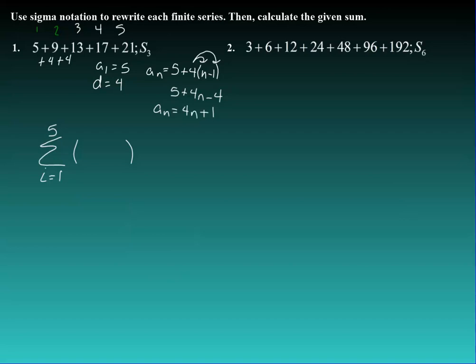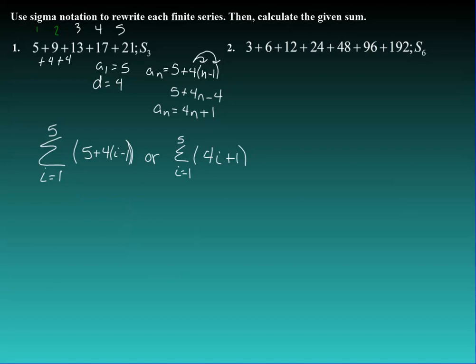So I can either have 5 plus 4 times i minus 1, or I could use i equals 1 for 4i plus 1. Both of those are the same. Whichever you choose, it works just fine, but it's going to be one of those two.